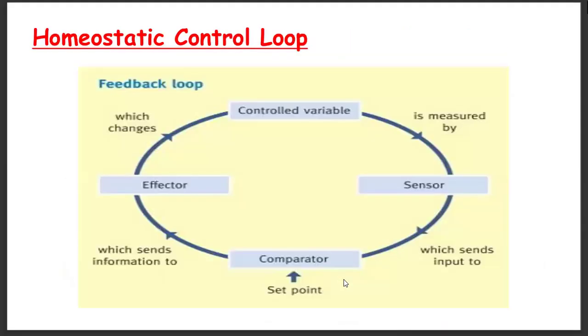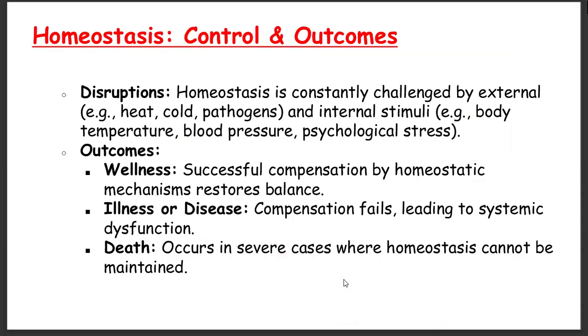Okay, so this is the same thing, looking at a homeostatic control loop, and what we expect when homeostasis is taking place. When we talk about homeostasis taking place, there are some things that we expect from it. If your homeostasis is a success, what do you expect?